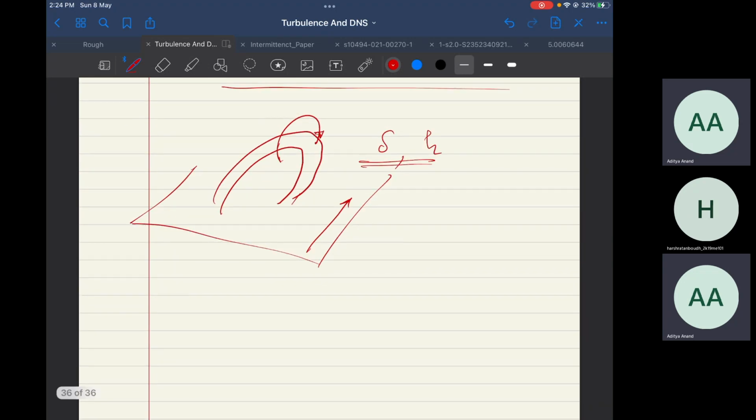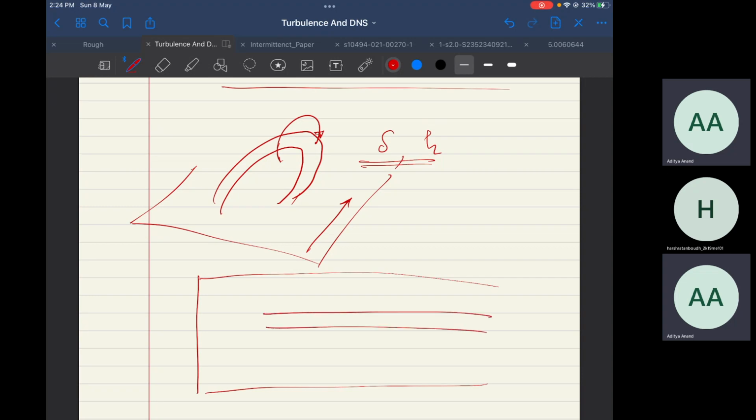So what these streaks are: if you look at the flat plate from the top, you'll see long regions of high speed and low speed flow fluctuations. You'll see regions where the flow speed is low, and adjacent to it there are regions where the flow speed is higher.